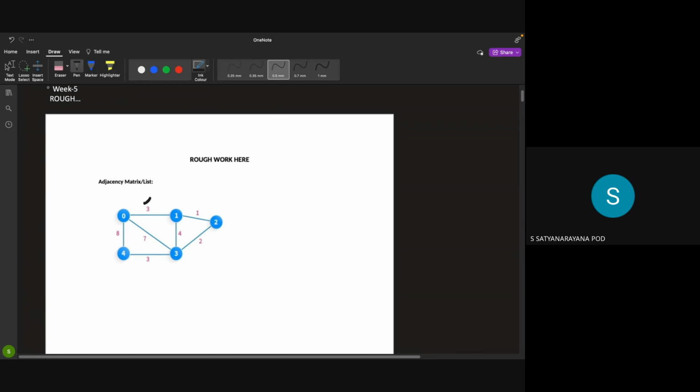This three is a weight, and one is a weight, and two is a weight, and this four is a weight. If it is an undirected graph, and maybe for a directed graph also, there is no great difference, except that a directed graph has only a one-way connection, while this is a two-way connection. If this is a weighted graph, how does the adjacency matrix look?